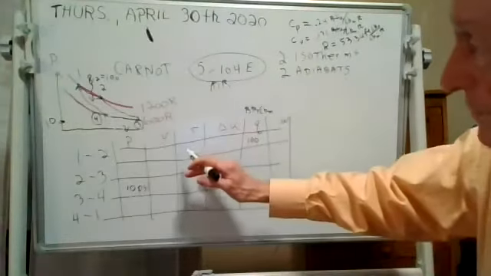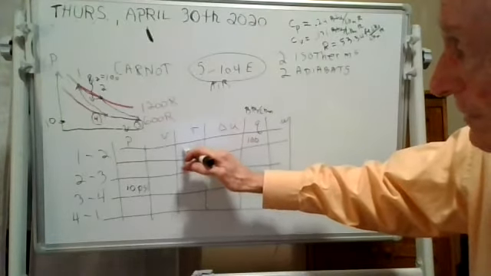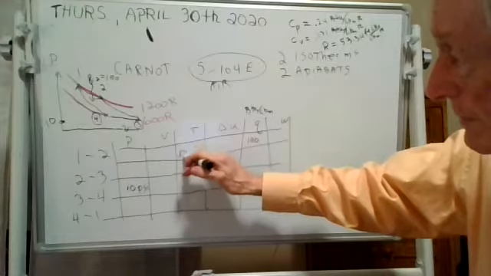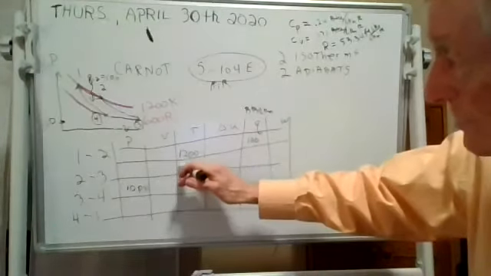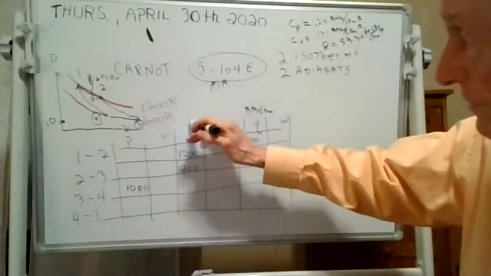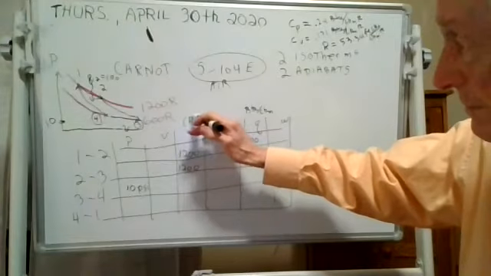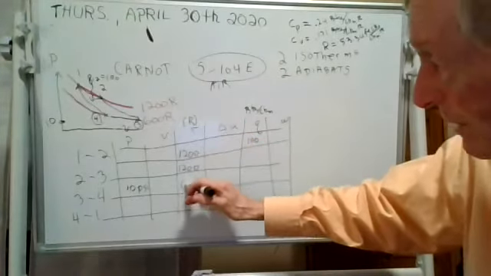Hey, let's put in this state one is 1200 Rankine, shall we? Here we go. State two is 1200 Rankine. See, these are all in Rankine. State 3 and 4 are 600 Rankine.